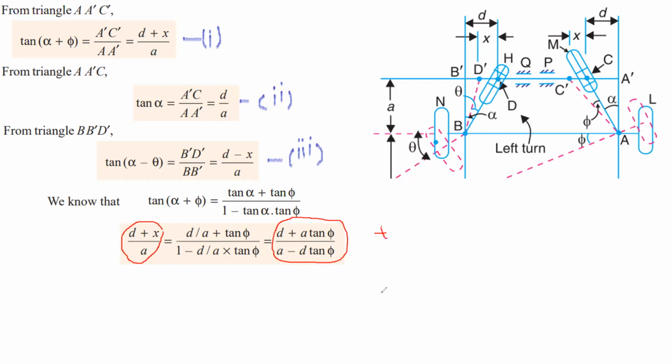Tan phi is equal to xa upon b square plus xd plus a square. Correct. Let us check it.